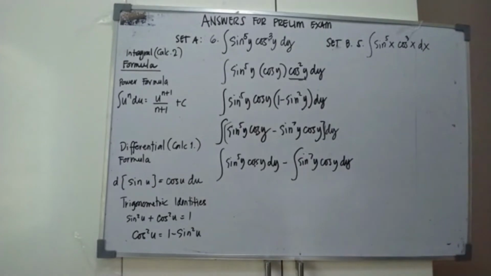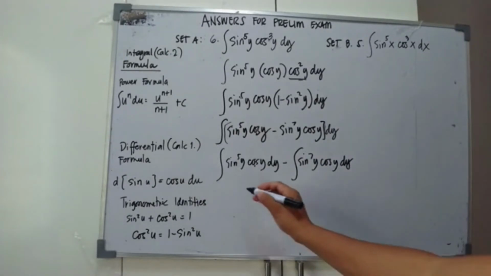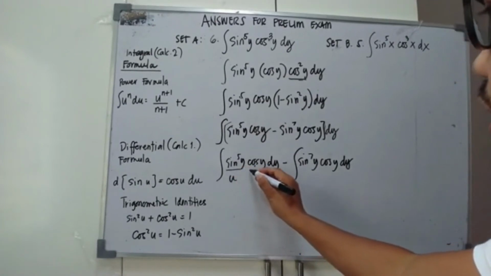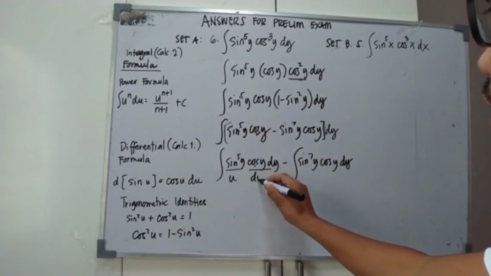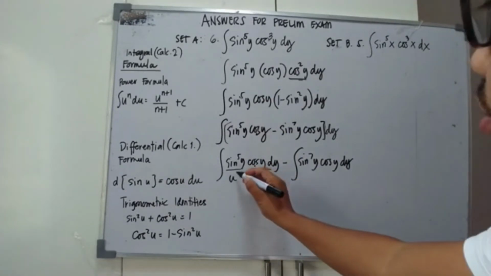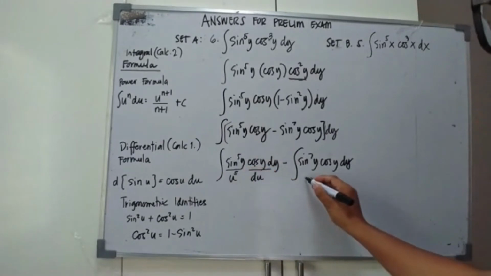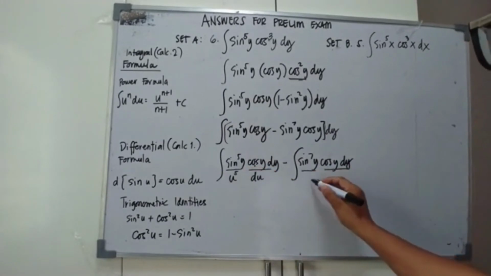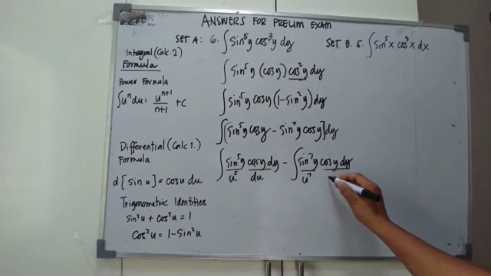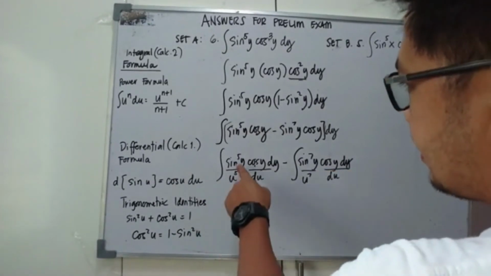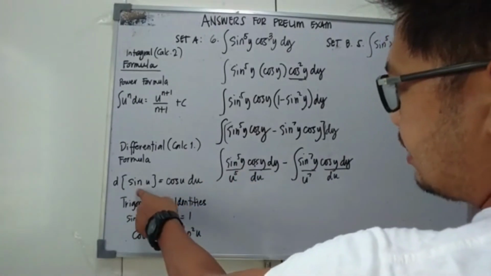If you notice, this is now the power formula. This is your u, and this is your du. That is, u raised to n, or u raised to 5. And here, this is your u and this is your du: u raised to 7. Why? Our u here is sine, and the derivative of sine is cosine.